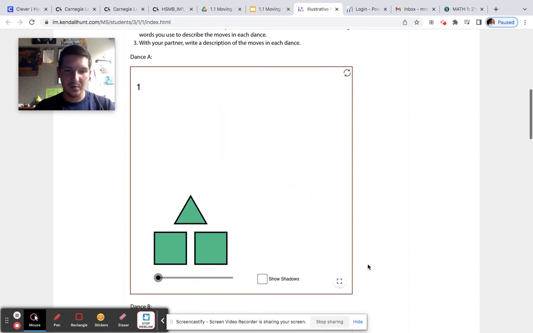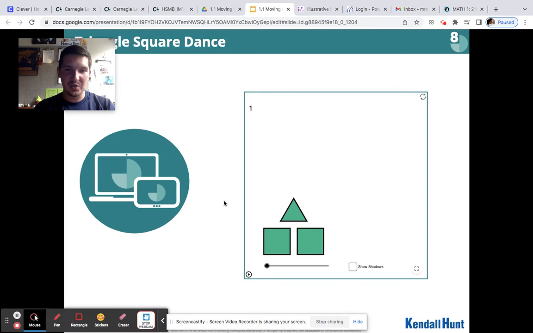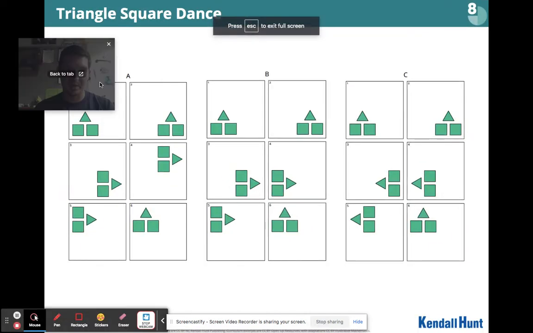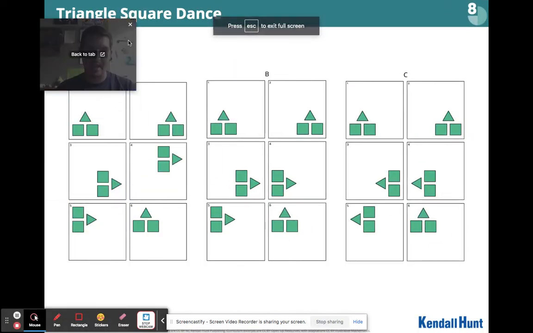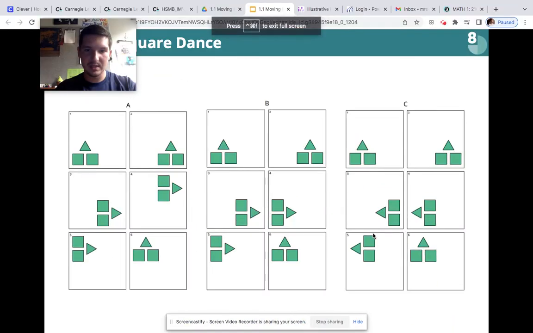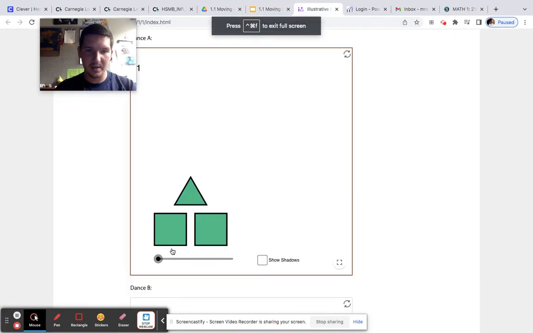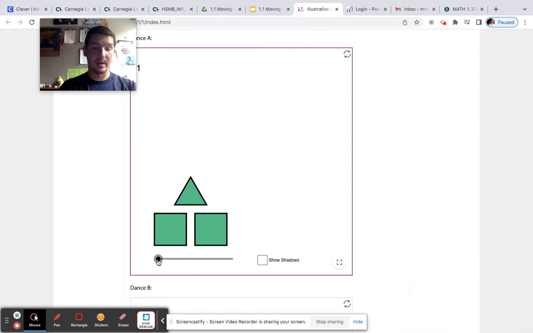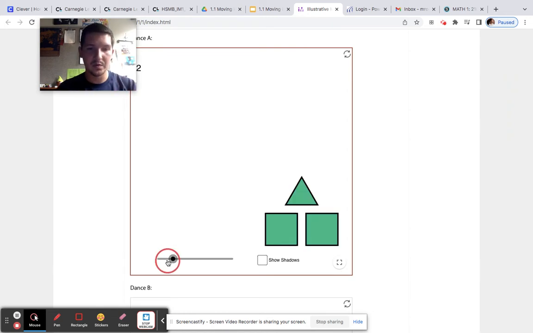For instance, if I show you this first scenario here, A. Oh, sorry, I want to go back to it. Hold on, give me one second. If we pretend it dances, and I'm going to talk about how it's moving, I would say it moves to the right 1 unit.